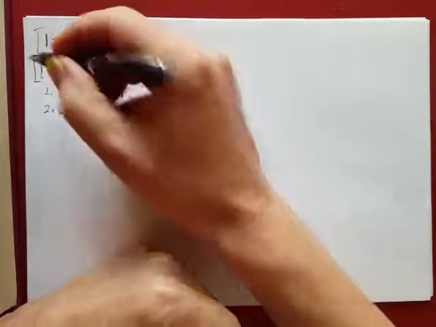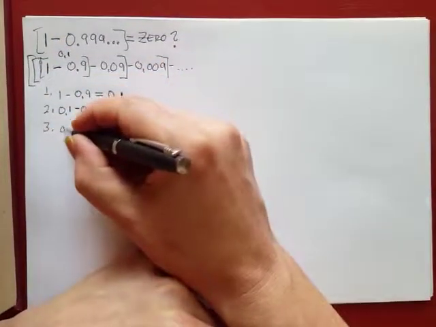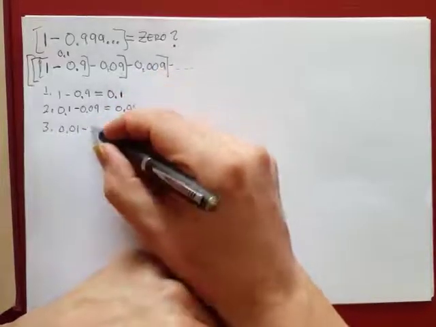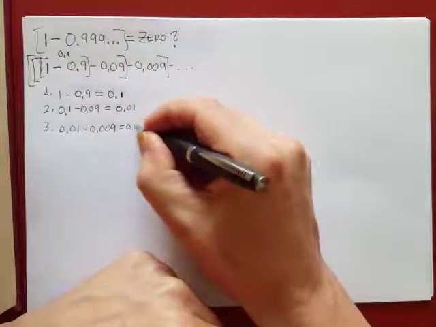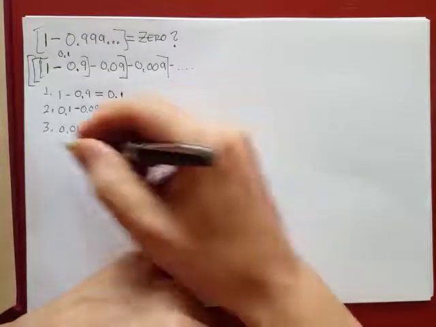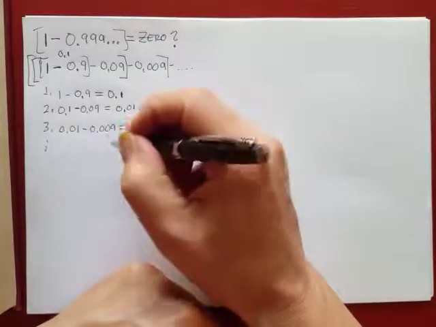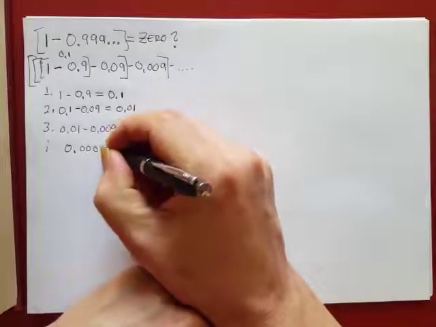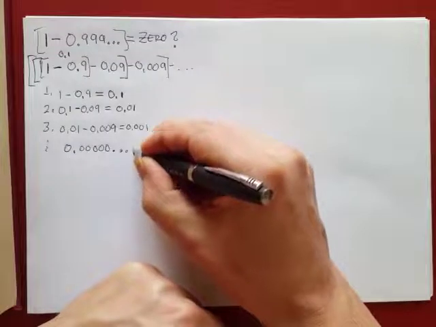And then we take the next one, step 3, 0.01 minus 0.009, and that's equal to 0.001. And then we can continue doing this, and we will end up with a number like 0.0000, and then a lot of zeros ending with a 1.